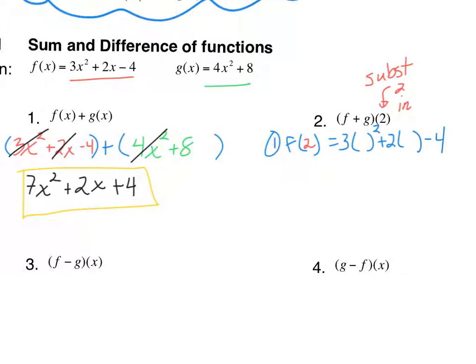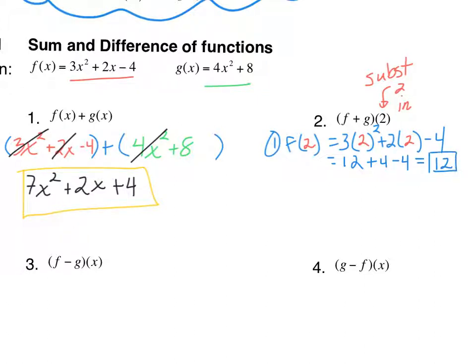So I'm going to plug in or substitute in a 2 in for every x. And so 2 squared is 4, times 3 is 12. And then 2 plus 2 is 4, and then minus 4. And so this value is equal to 12.